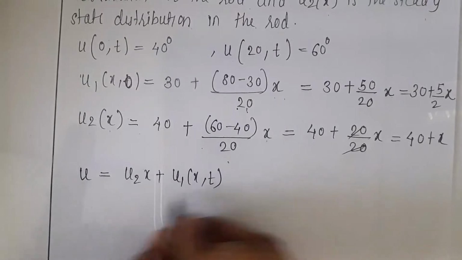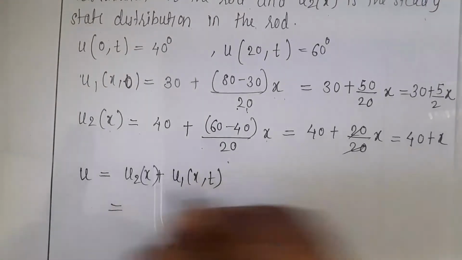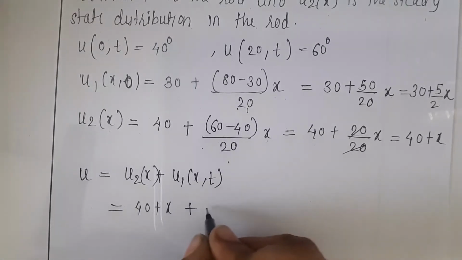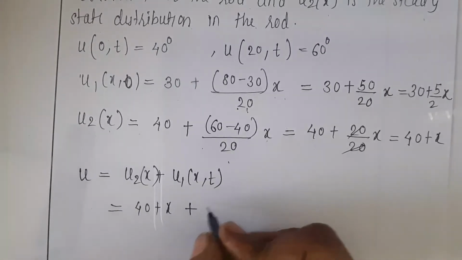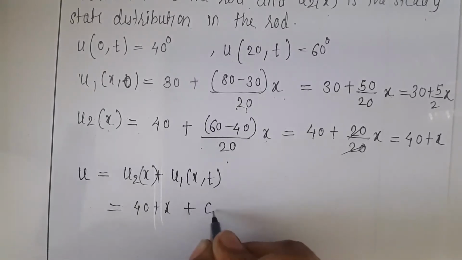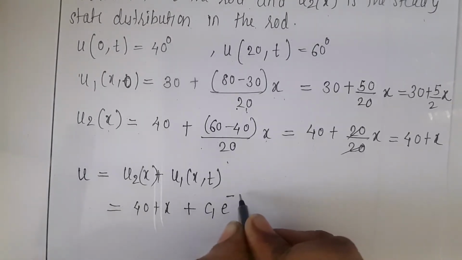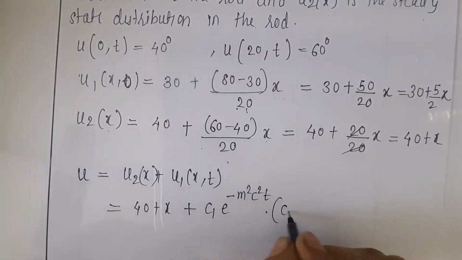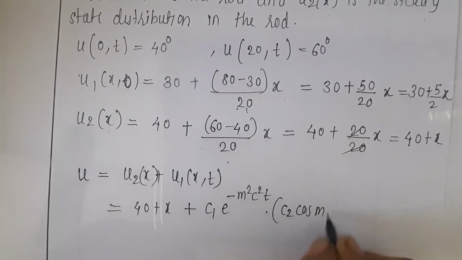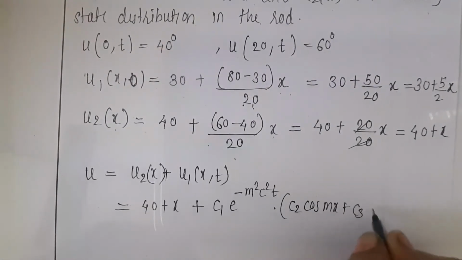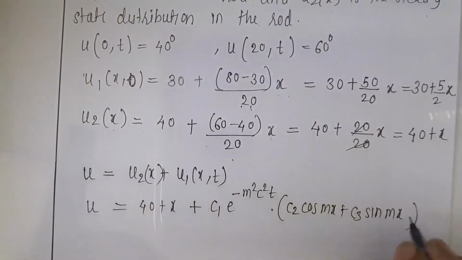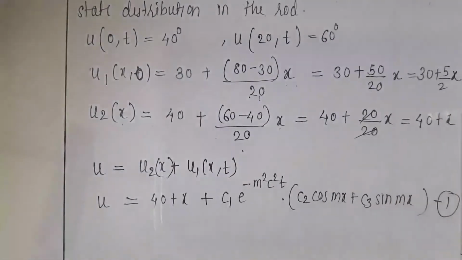So this solution is u2 of x, which is 40 plus x, and u1 is the general solution of heat flow problems, which is c1 into e to the power minus m square c square t multiplied by (c2 cos of mx plus c3 sin of mx). This is the general equation for the temperature, denoted by equation number 1.